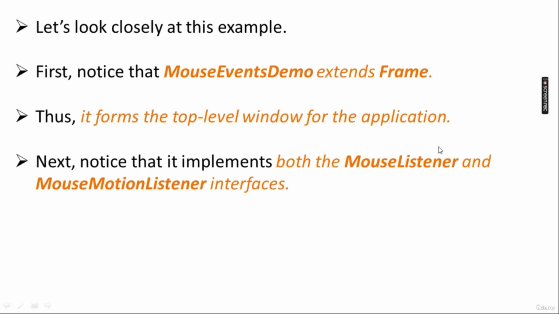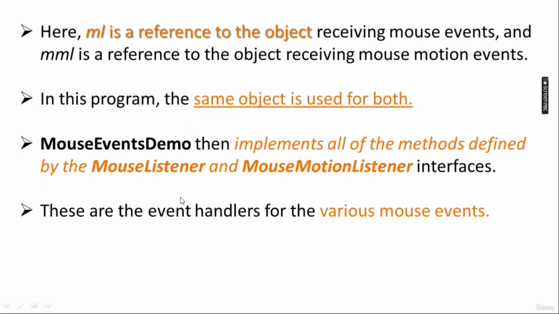Next. So first you have to write that MouseEventsDemo extends Frame for the creation of the outer window. It forms the top-level window or outer window for the particular application. MouseListener and MouseMotionListener interfaces we are implementing. ML is a reference to the object receiving mouse events, and MML is a reference to the object receiving mouse motion events.